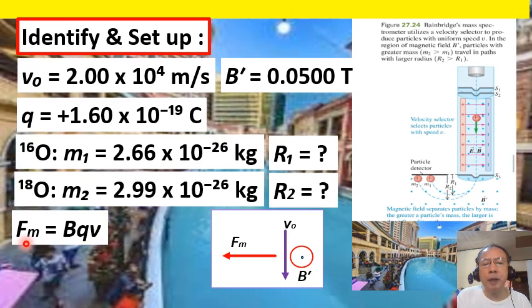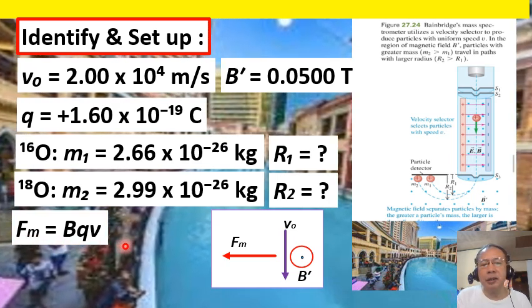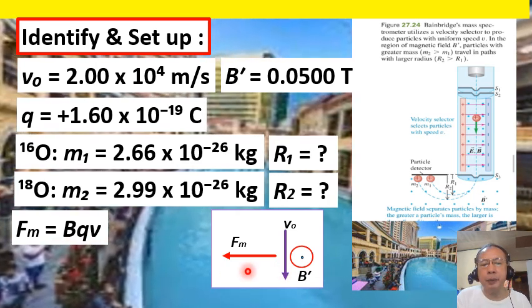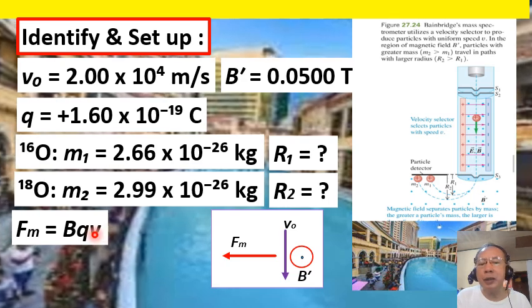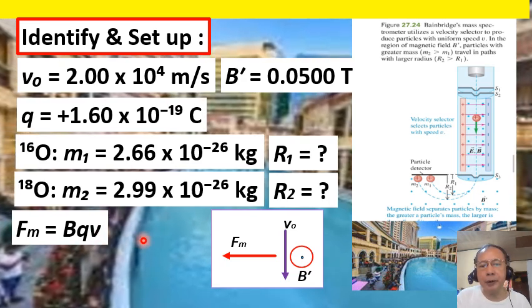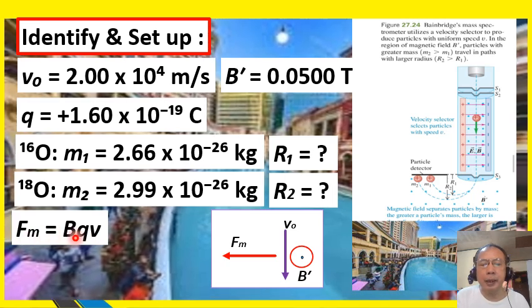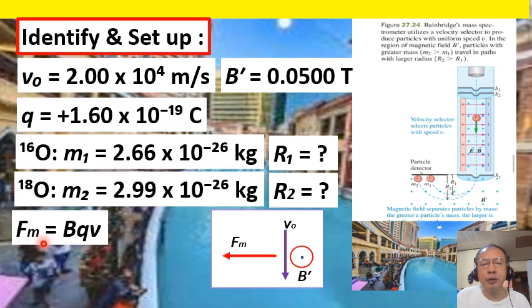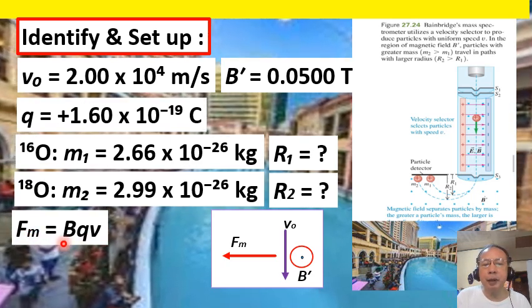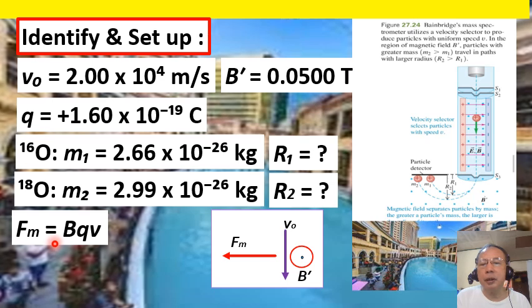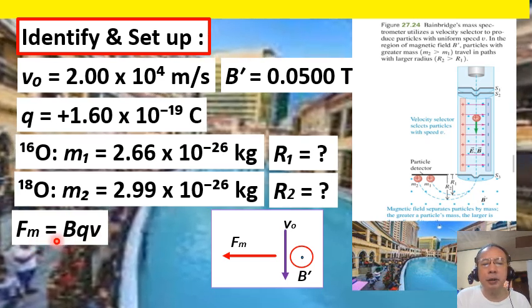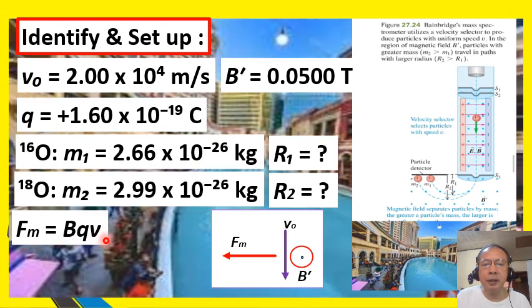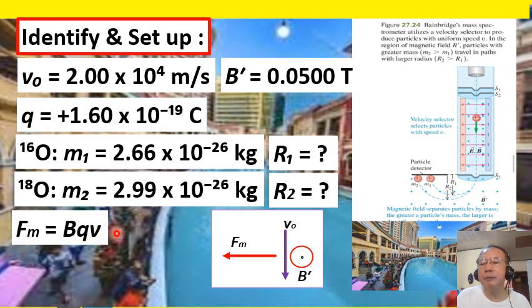F sub m here is the magnetic force that each ion experiences, and it is equal to the product of the magnetic field B prime times the charge q of the ions multiplied by their velocity. But in this formula, B, q, and v, as well as the force Fm, are treated as scalars. In other words, these are the magnitudes of the magnetic field, the velocity v, and the magnetic force F.